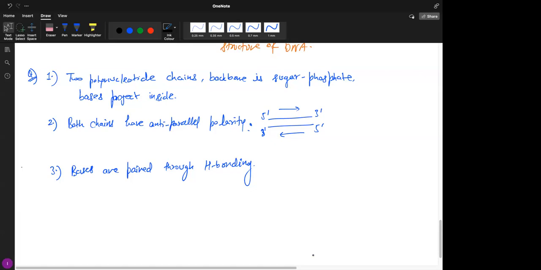Okay, uniform. So that a double helix can be uniformly formed. Is that clear, everyone?